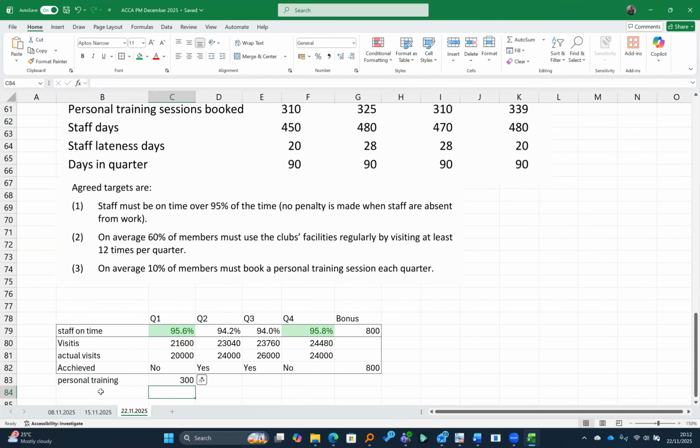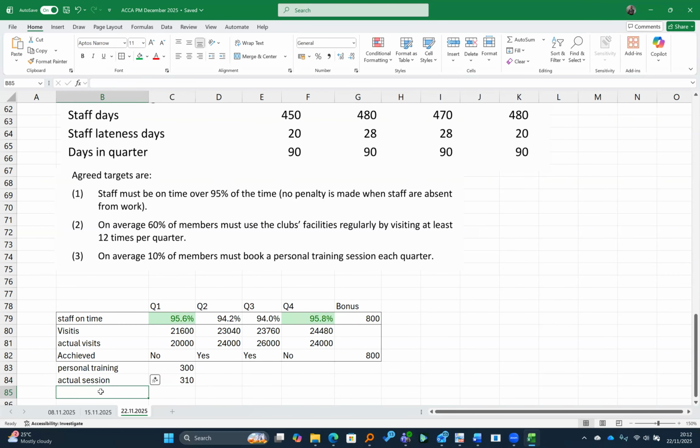What are the actual sessions? In this case, it is 310. So it means that this one passes, right? Just to copy, because we have this formula already working, this is passing.